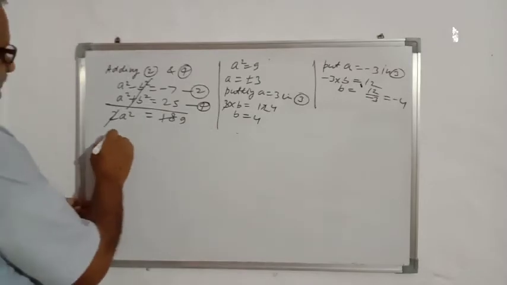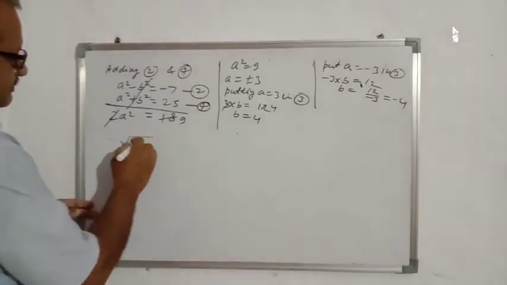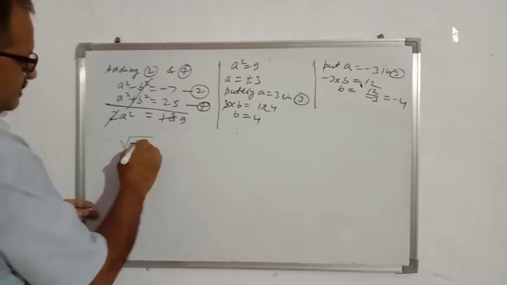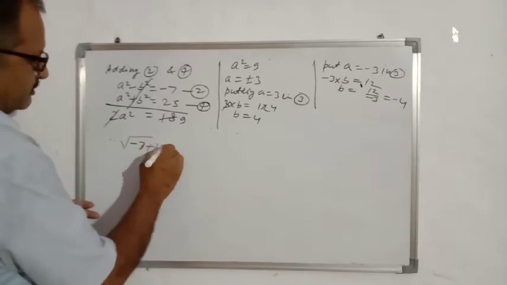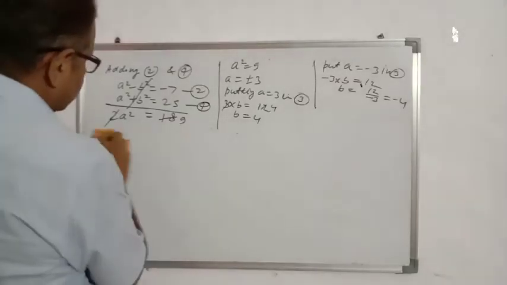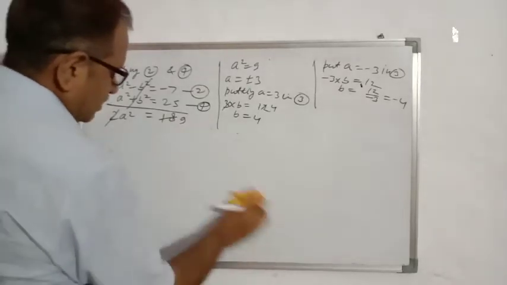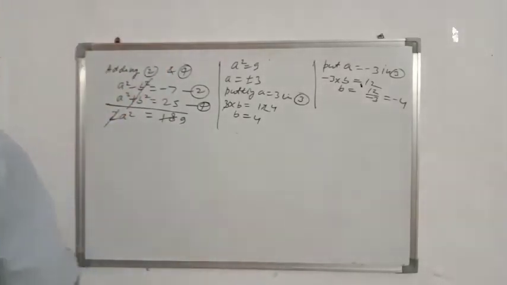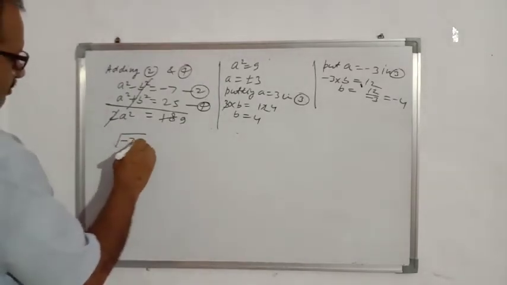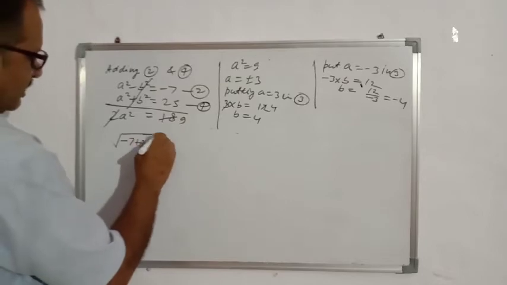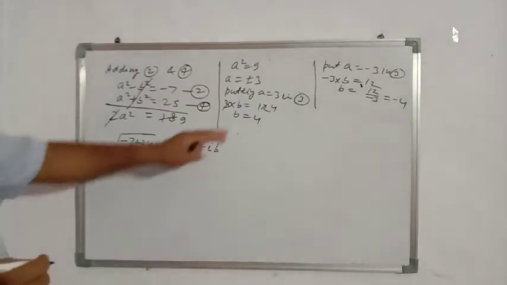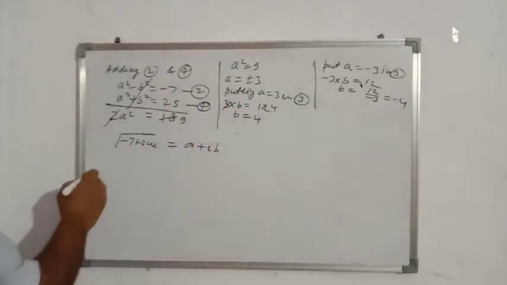So therefore, the square root of minus 7 plus 24i, we have taken a plus ib. So put a is equal to 3 and b is equal to 4.